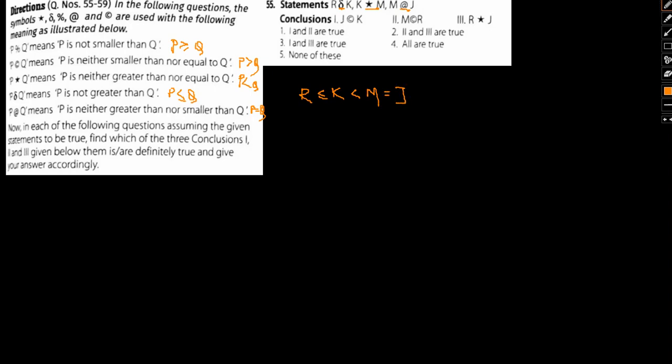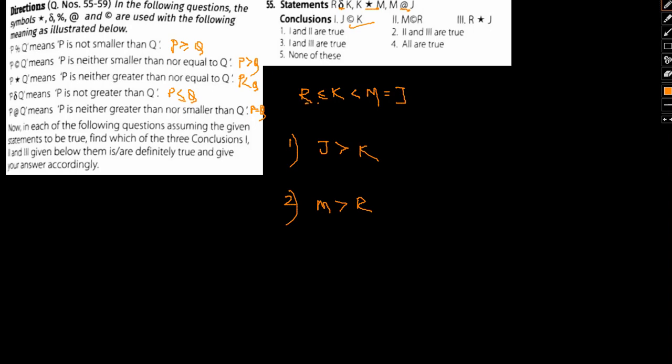Now conclusion one: J c K, so J greater than K. Is J greater than K? Yes, J is greater than K, so conclusion 1 is true. Next, M c R means M greater than R. Is M greater than R?